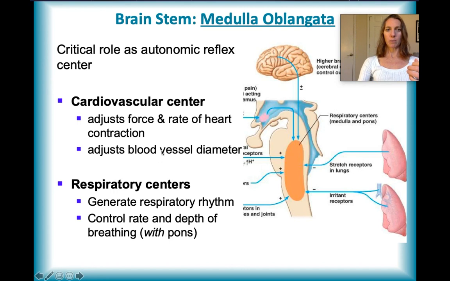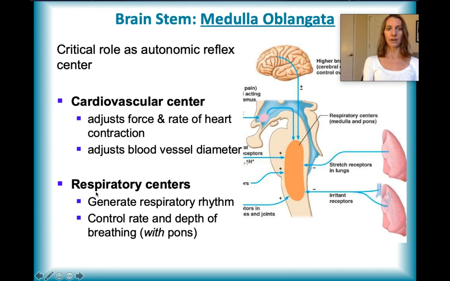And so these are going to play a big role in regulating blood pressure fluctuations. We know that blood pressure is one of those functions of the body that we have to regulate via homeostasis. And this is really the part of the brain that's responsible for ensuring that we maintain that so that we can ensure perfusion to all parts of our body, no matter what we're doing.